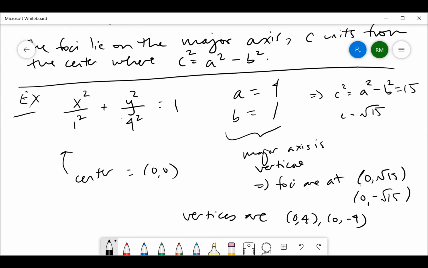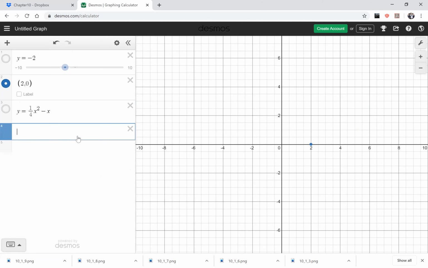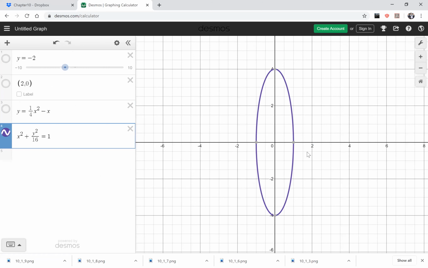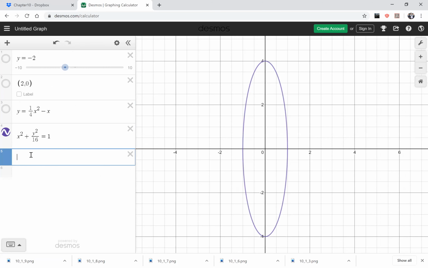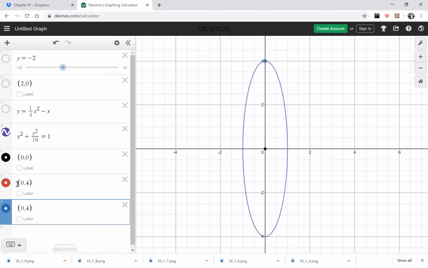So let's take a look at this on Desmos. So let's graph our equation. Here's our ellipse. We see the center is pretty clearly at (0, 0). We have one vertex and another vertex.